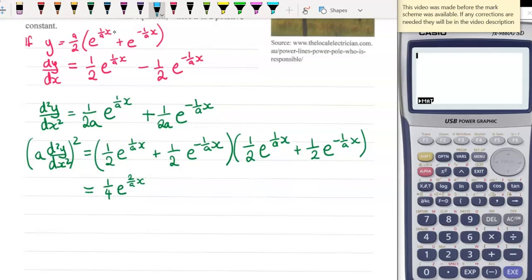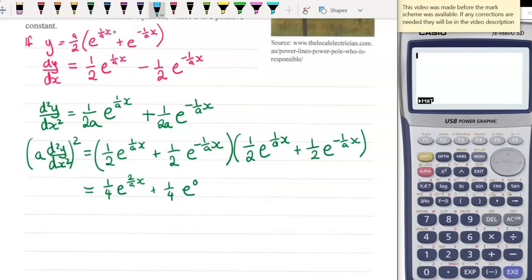Okay, then we have this one times this one, so we have 1/4 e to the, now again we're adding the powers, so the minus 1 over a plus 1 over a cancels out, and that's going to be e to the 0.